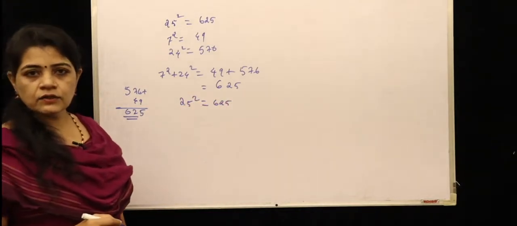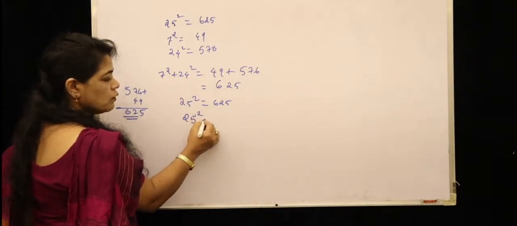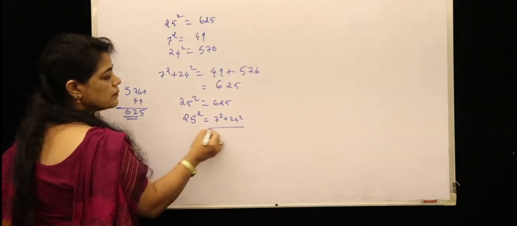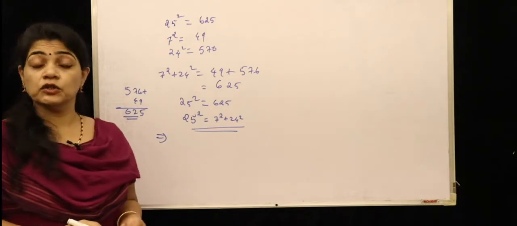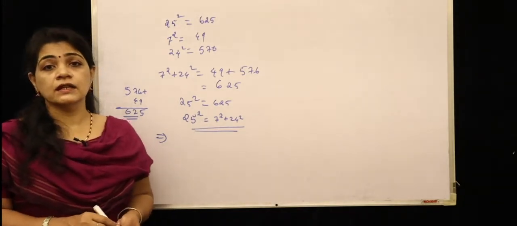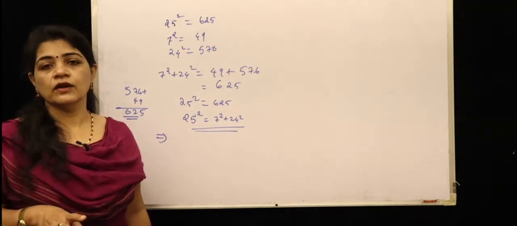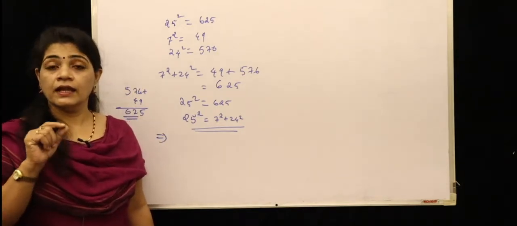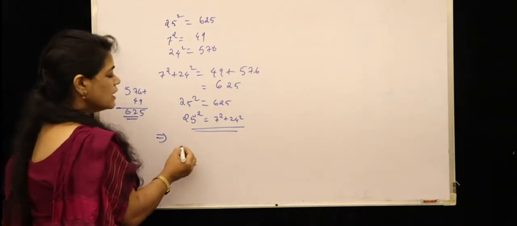It is clear? So we can write this in the form 25 square equal to 7 square plus 24 square, which implies that 7 centimeter, 24 centimeter and 25 centimeter are the sides of a right triangle. You will get a right triangle under these measurements. And hence you can select 25, in this case the longest side, as the hypotenuse.